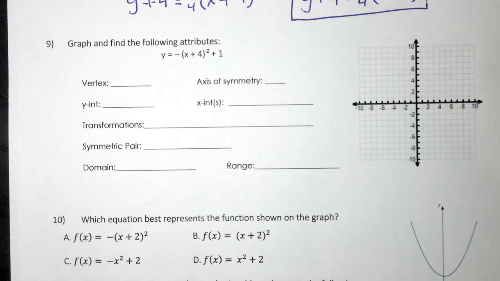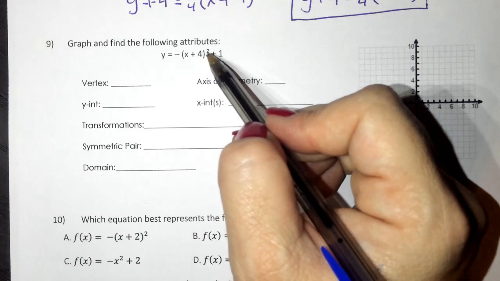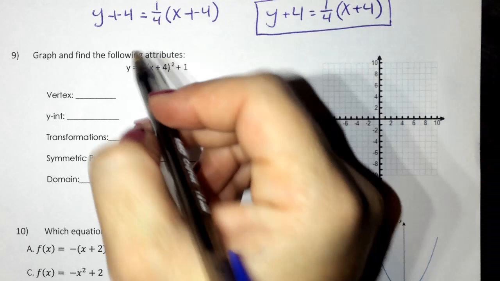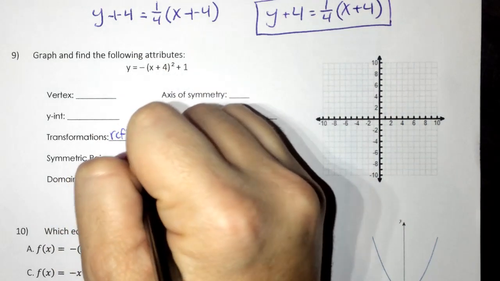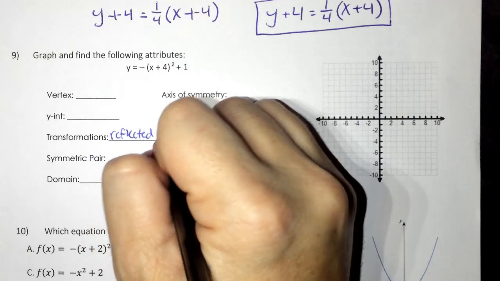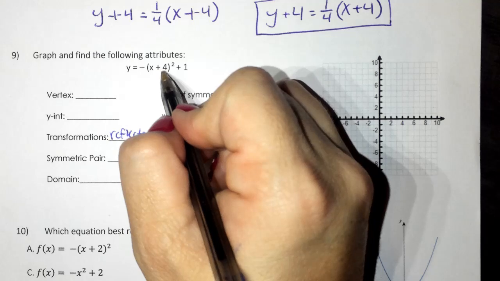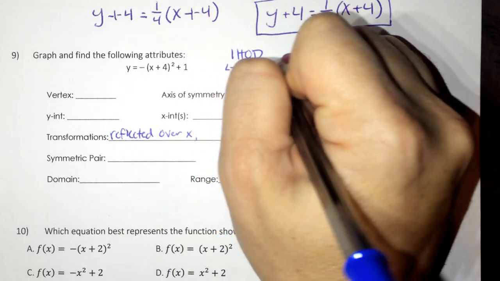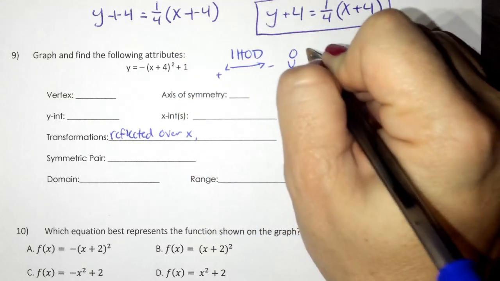Okay. It says graph and find the following. So this is a quadratic. I know, before I even graph anything, that it's reflected over x, or vertically, either way, whatever you say is fine. I know that inside, so IHOD is opposite, and I know outside is exact.